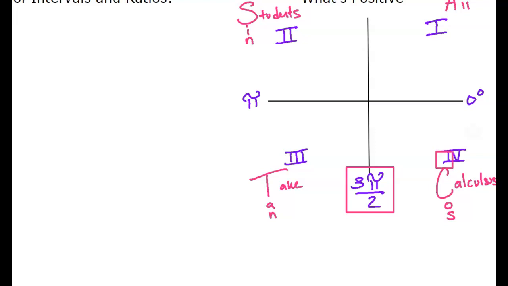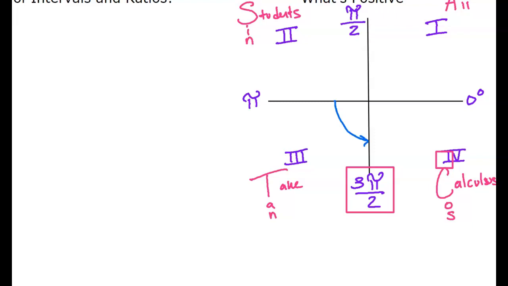Also good to know is that this top line is pi over 2, 90 degrees. These are the 3 most known radians: pi over 2, pi, and 3 pi over 2, just like 90, 180, and 270. You probably haven't done it, but you will.